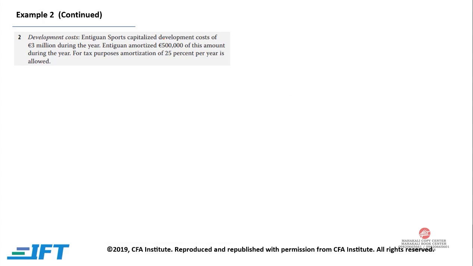Part 2, development cost. Antiguan Sport capitalized development cost of 3 million during the year. Antiguan amortized 500,000 of this amount during the year. For tax purposes, amortization is 25%. Now carrying amount and tax base: the development cost is 3 million.